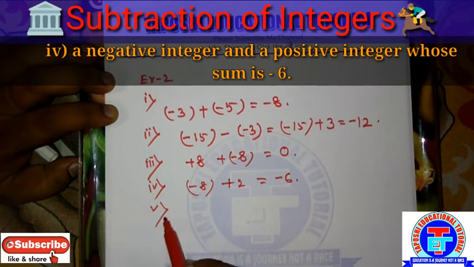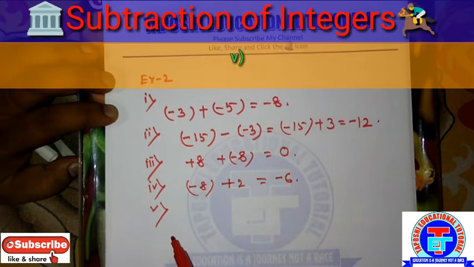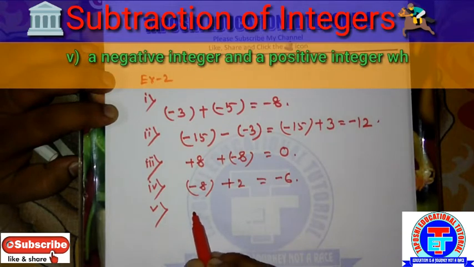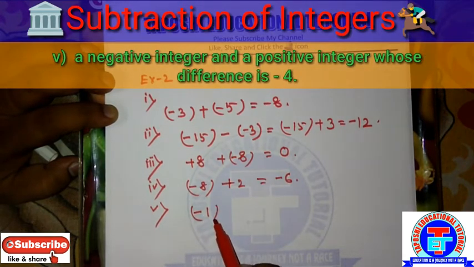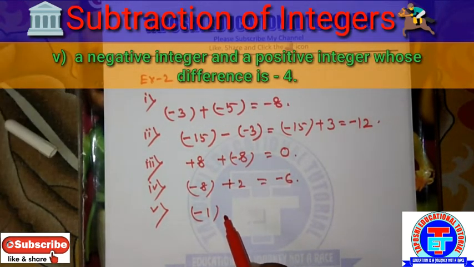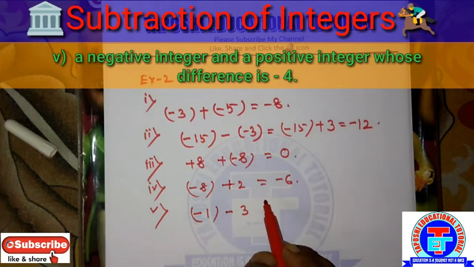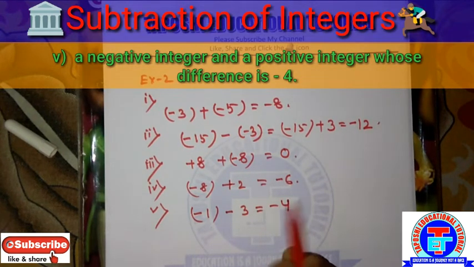Number 5, a negative integer and a positive integer whose difference is minus 4. That means minus 1 is a negative integer, right? And minus 3 is a negative integer. Their sum will be minus 4.